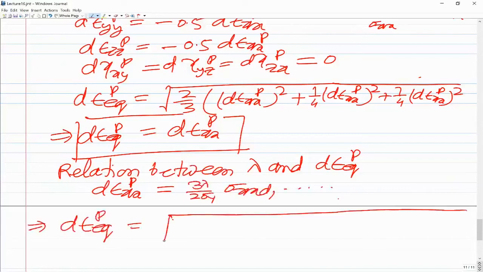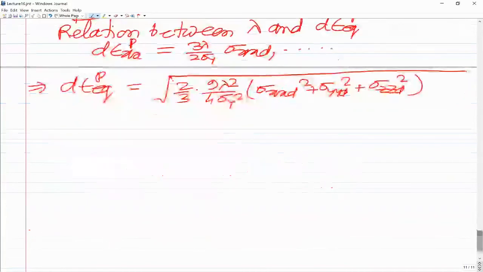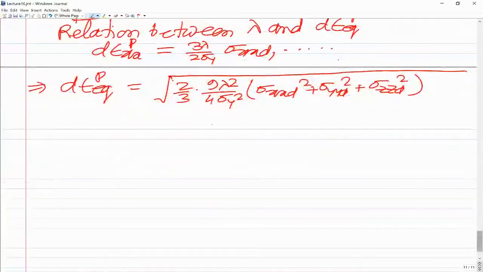So we will have 2 by 3, and then in all three, d of epsilon XXP, YYP and ZZP, we'll have 3 lambda upon 2 sigma y common, so its square would be 9 lambda square upon 4 sigma y square. This will be common, and then inside you will get sigma XXD square plus sigma YYD square plus sigma ZZD square.